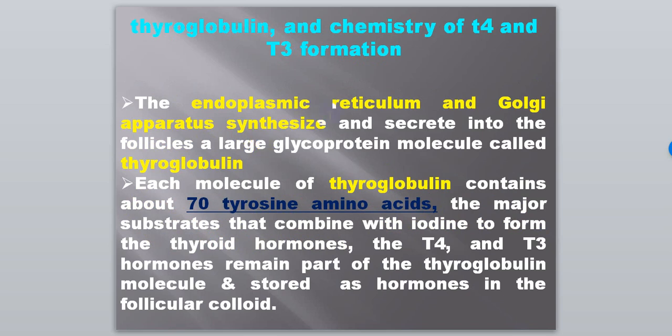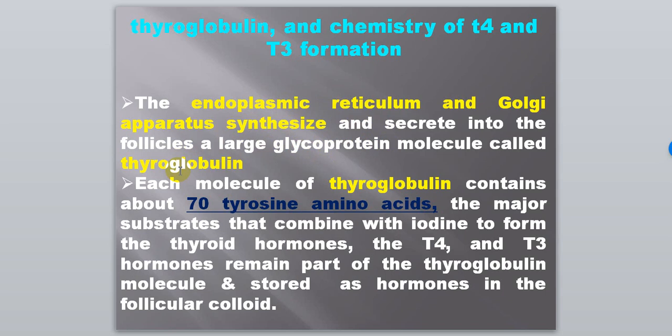Thyroglobulin and chemistry of T4 and T3. The endoplasmic reticulum and Golgi apparatus are able to synthesize and secrete a large glycoprotein molecule called thyroglobulin. So follicles are filled with colloid.